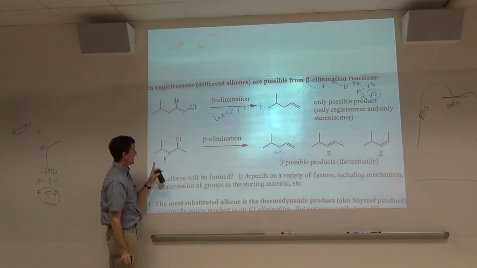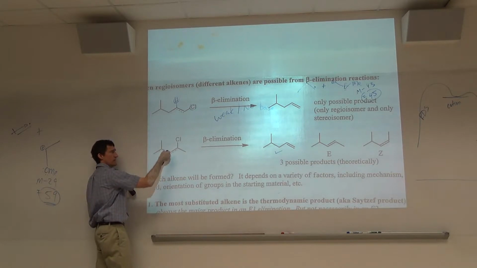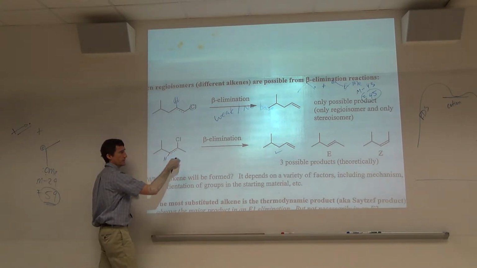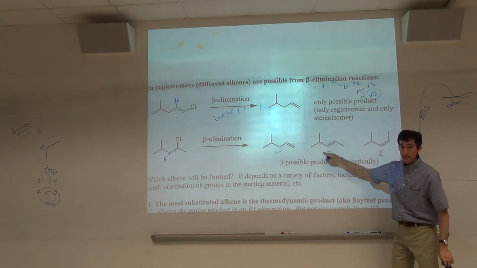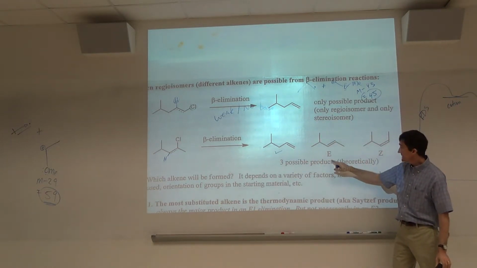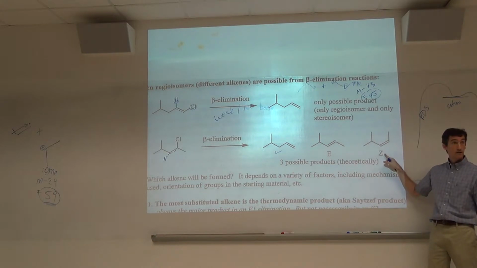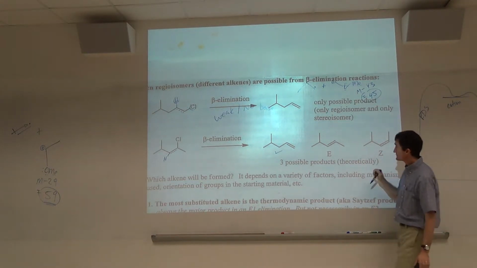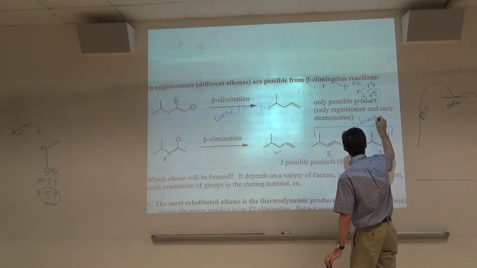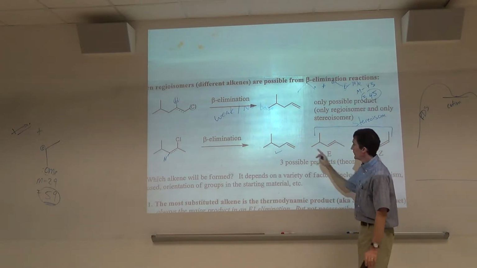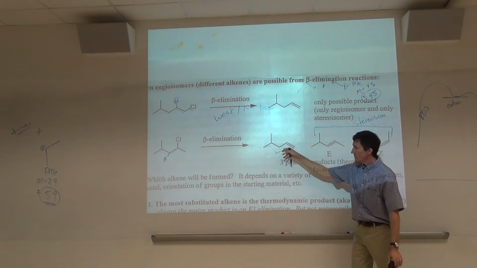In this case, now we've got a double bond between the second and third carbon. So now it would be like this. But now this alkene is stereogenic because it can either be E or Z. Now these are stereoisomers, of course. What's the relation between one of these and that one?